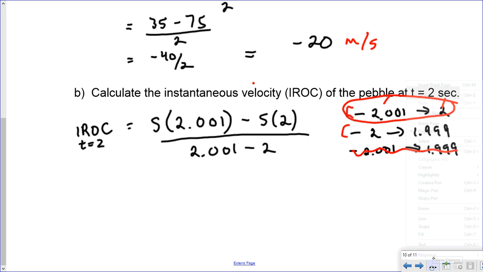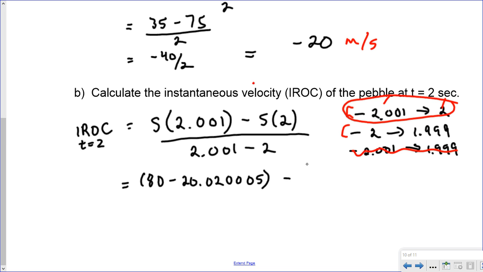I'm going to just change my pen back to black, okay? And I have to cheat. So S at 2.001, I got that to be 59.979995, and then minus S at 2, the easy calculation, which turned out to be 60, divided by 2.001 take away 2, which is just my decimal.